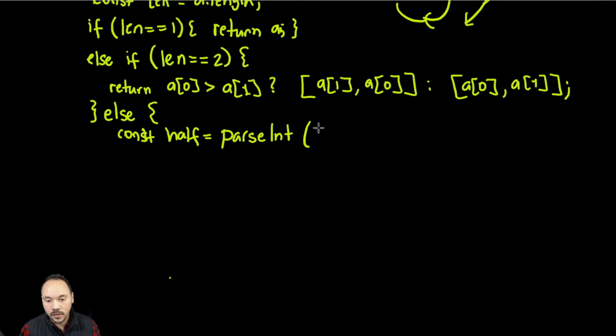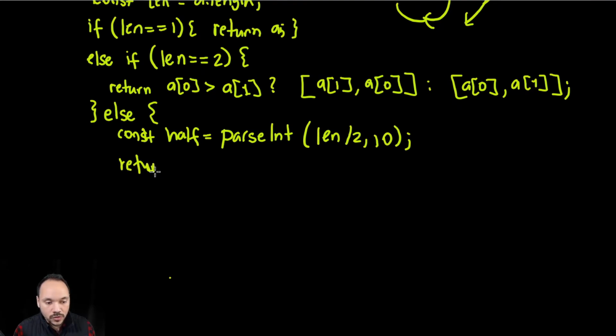Then you have length divided by 2. It's also good practice to always use base 10. So we have the half element, and now we're going to do two things.